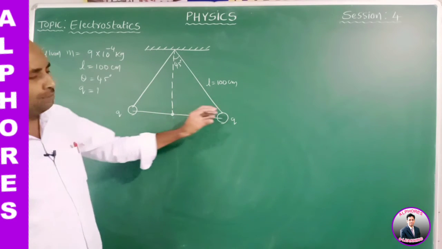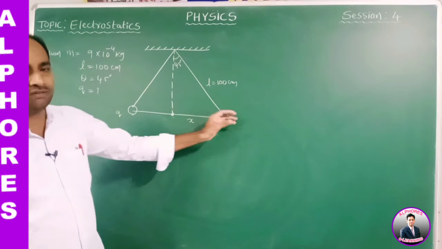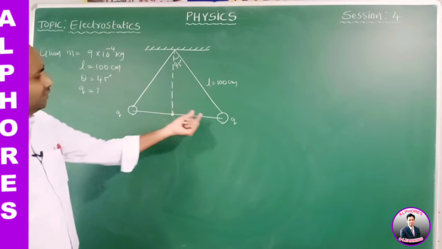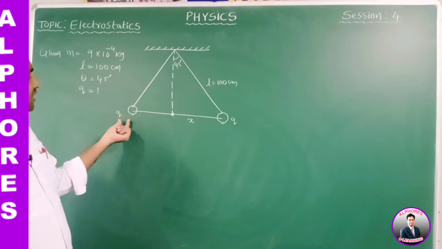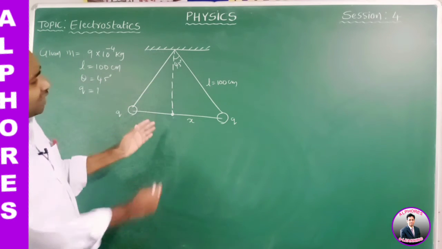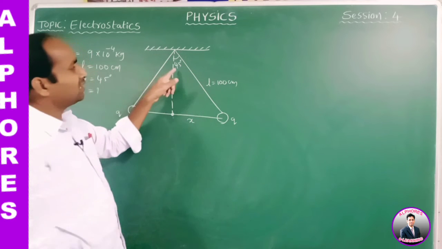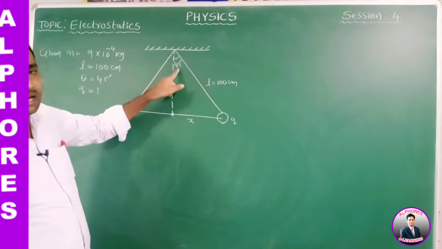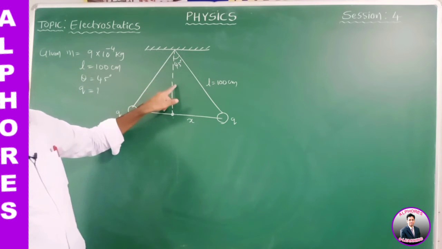So they repel with a certain amount of force. Then we should find out what charge is given to these spheres, such that after repelling, the strings make an angle of 45 degrees to the vertical.